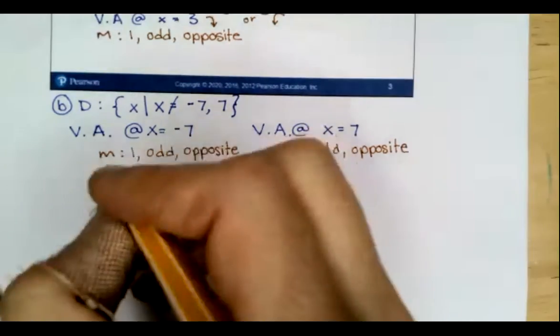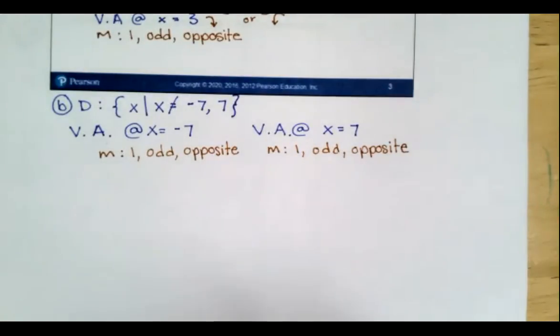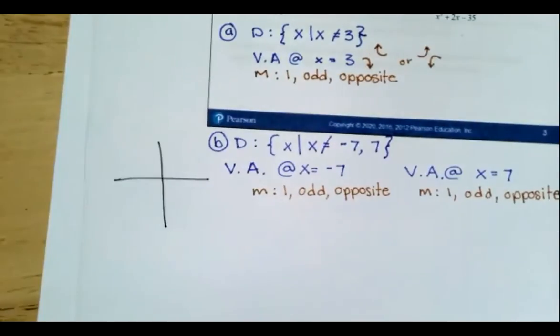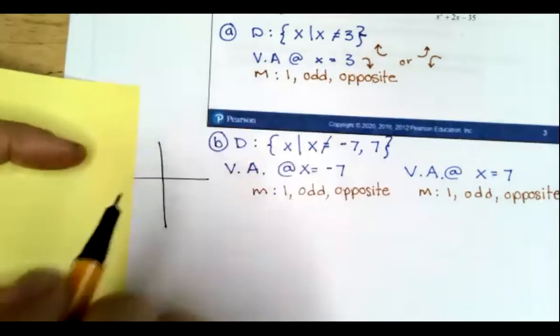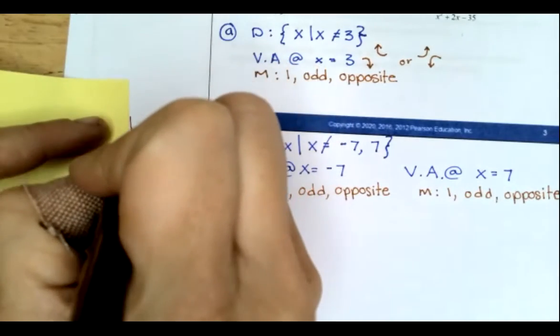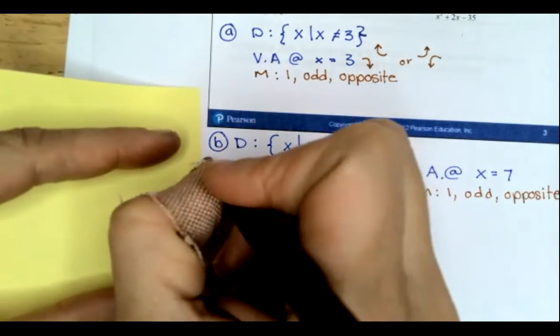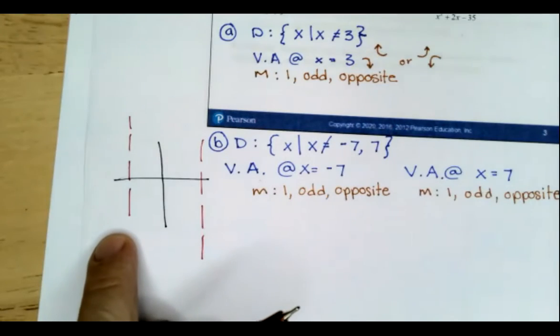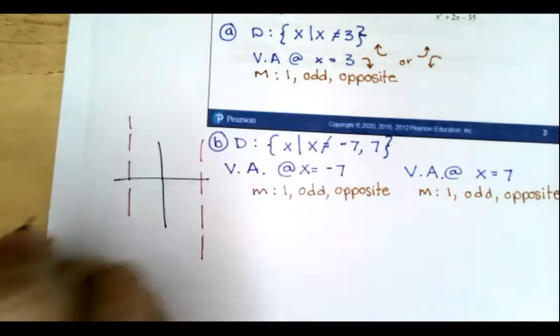So what it's going to look like is maybe here, here's, ugly, here is x equals negative 7.